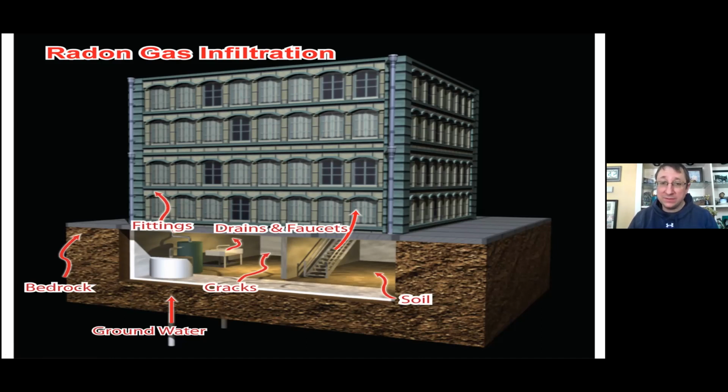Maybe they're 12-hour shifts. So you're in there for a long time, kind of like a second home. It's going to infiltrate from all these places. If you've got well water, it's going to come in through your well water as well. So I had to have my air tested, and I also had my water tested. And I'll share my results in a moment.